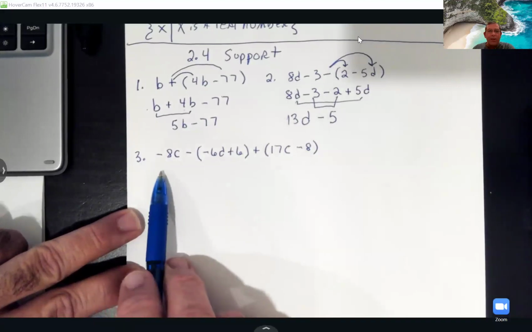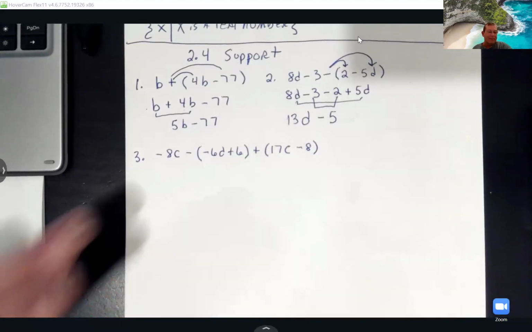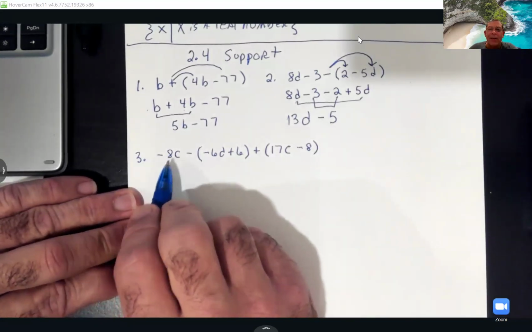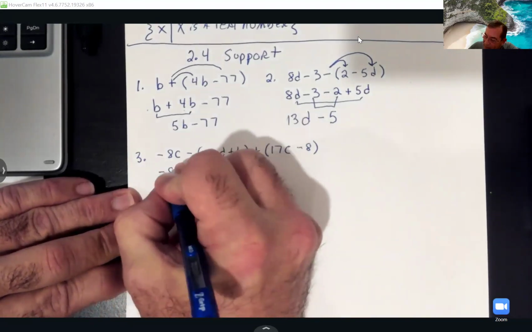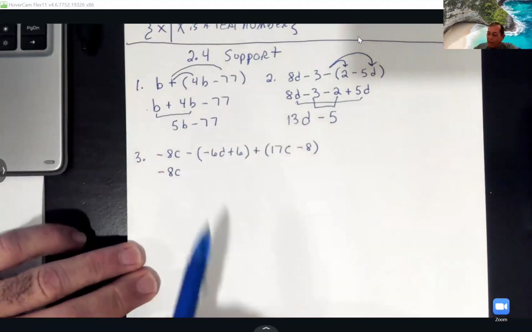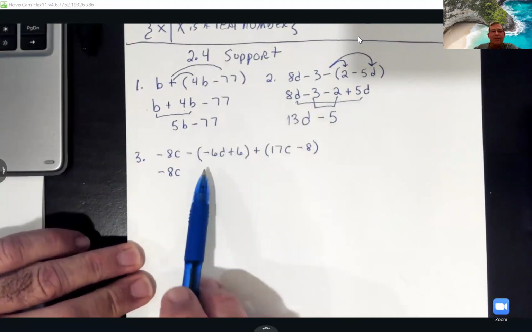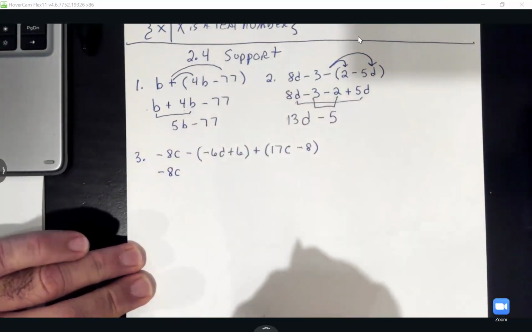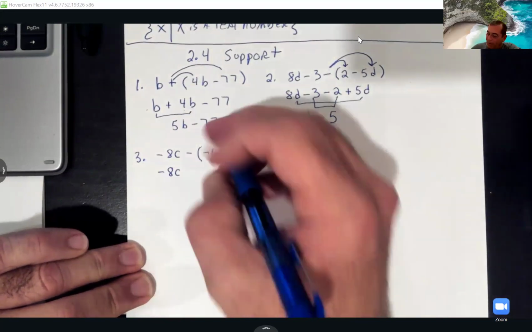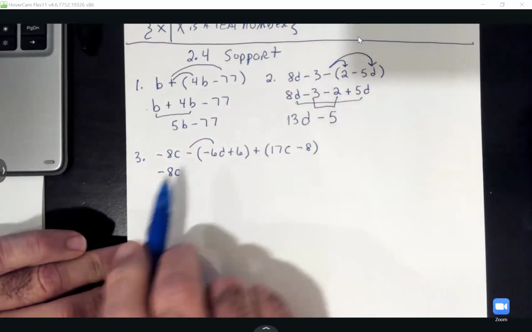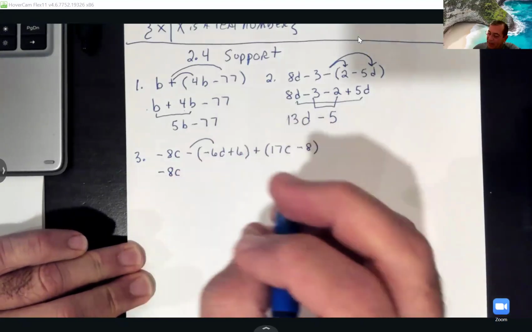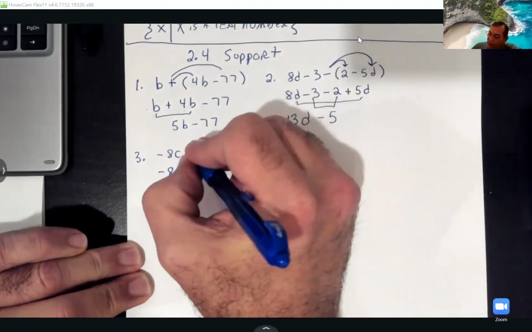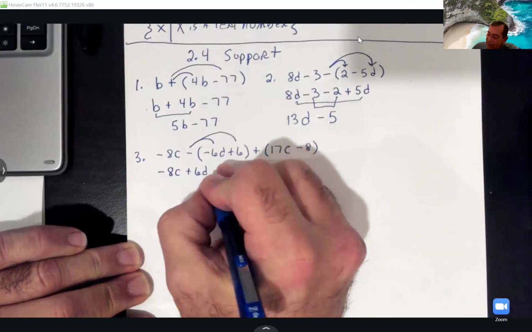So y'all, does anyone want to tell me what's coming out of all this? Because we're going to have to bring down the -8c. So what's coming out of these two numbers? You're basically multiplying -1 to everything in the first set of parentheses. Perfect. Yeah. So let's see, that -1 times that -6 will make that a positive 6d. And then your negative times 6 makes that a -6.